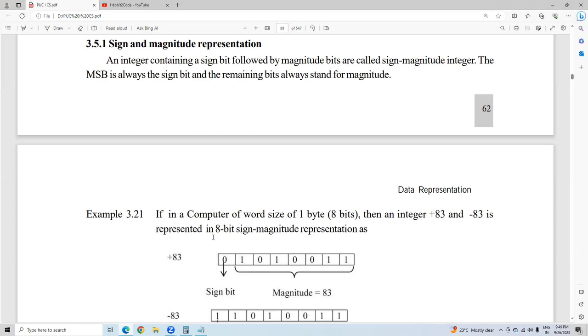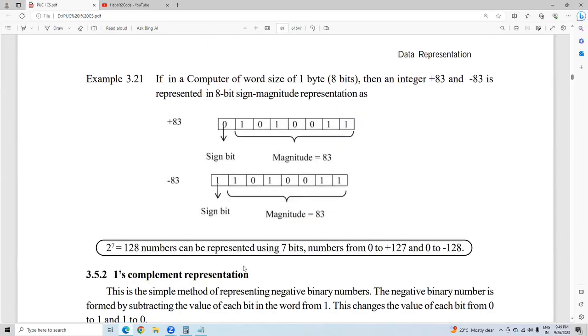Let us see how it is going to be calculated. In a computer with a word size of 1 byte that contains 8 bits, the integers plus 83 and minus 83 are represented in 8-bit sign magnitude representation. How? Plus 83.